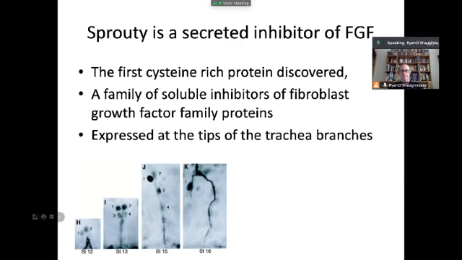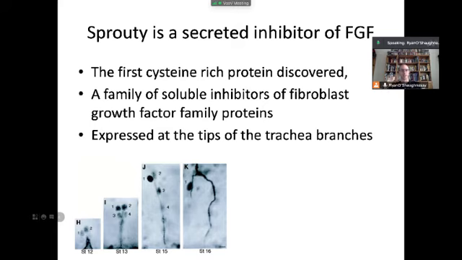And this gene, Sprouty, is expressed at the tips of the trachea branches. And we can see this at the different stages of formation. So here is our growing tip. We can see expression of Sprouty by in situ hybridization here. And then we get these regions of Sprouty that are expressed where trachea branching is required to be inhibited.